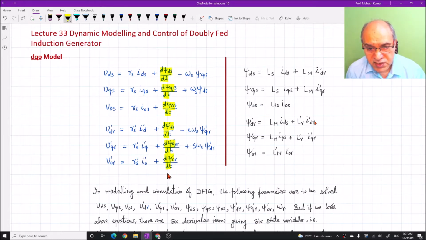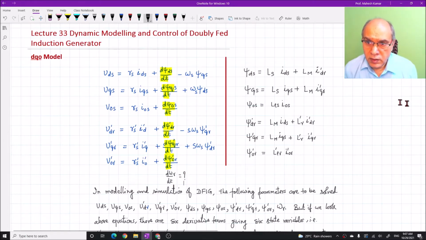There is one equation which involves the term d omega r by dt. Now these flux linkages, as we can see, are in first derivatives, and the expressions for the flux linkages are given separately on the right hand side.